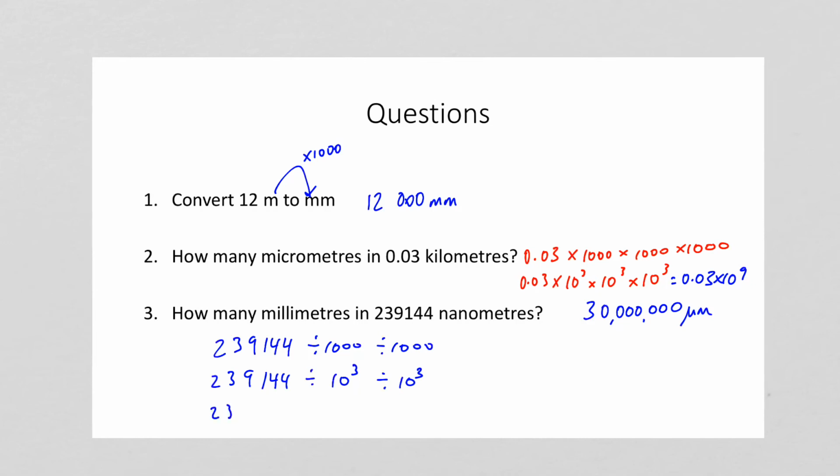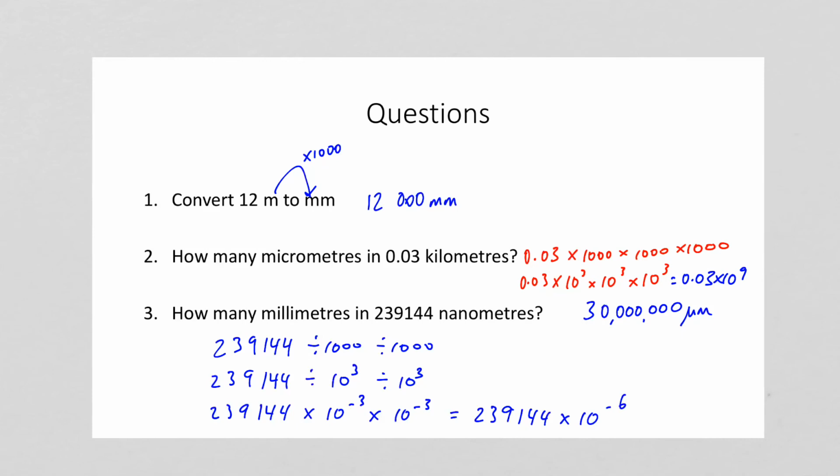So we can rewrite that as 239,144 times 10 to the minus 3 times 10 to the minus 3, which is going to be equal to negative 3 plus negative 3, so 239,144 times 10 to the negative 6.